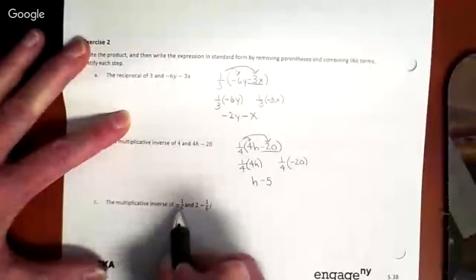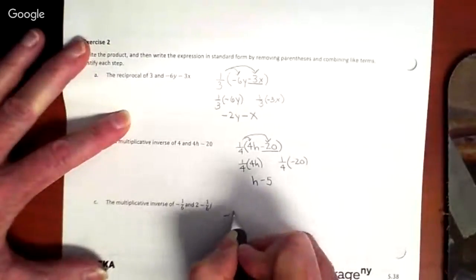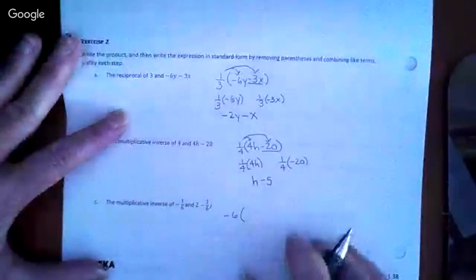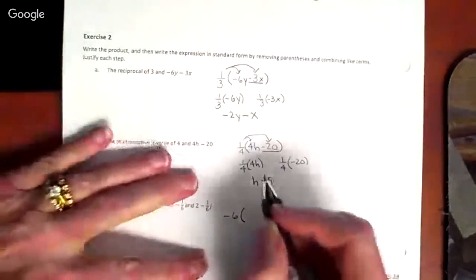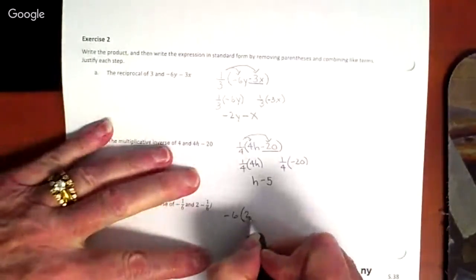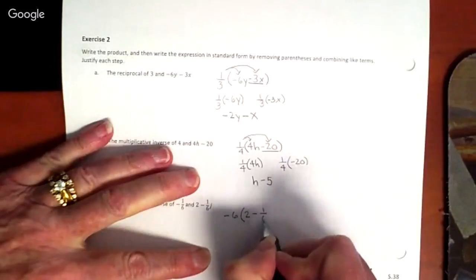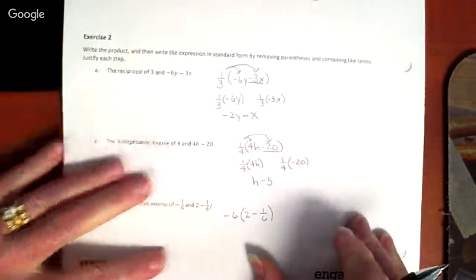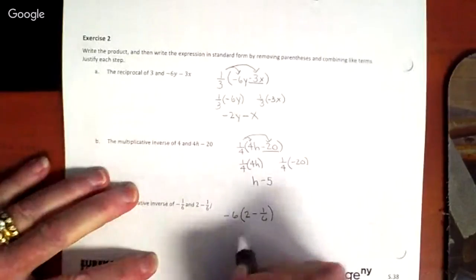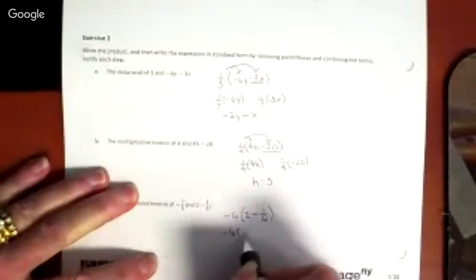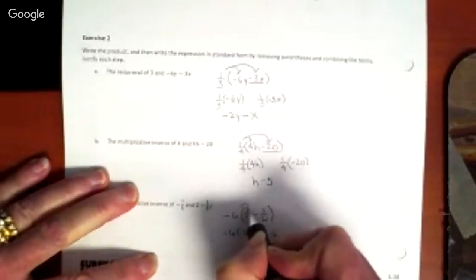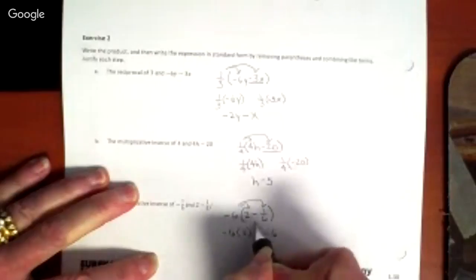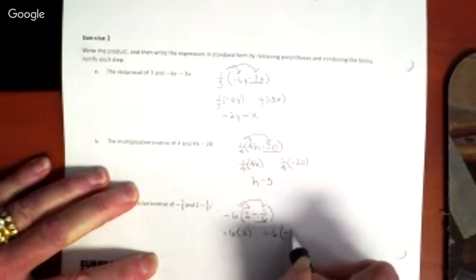Our last problem is the multiplicative inverse of negative 1/6, which is negative 6, times 2 minus 1/6. Okay, so we have negative 6 times 2 and negative 6 times negative 1/6.